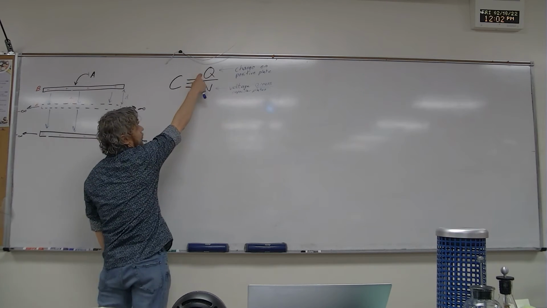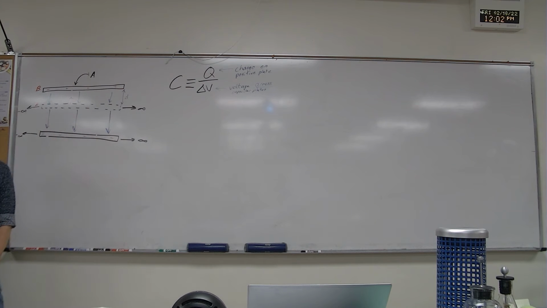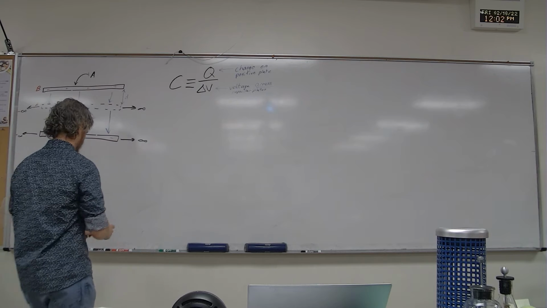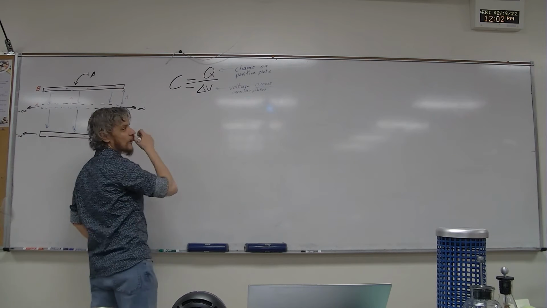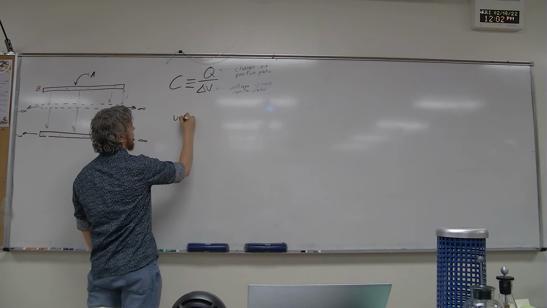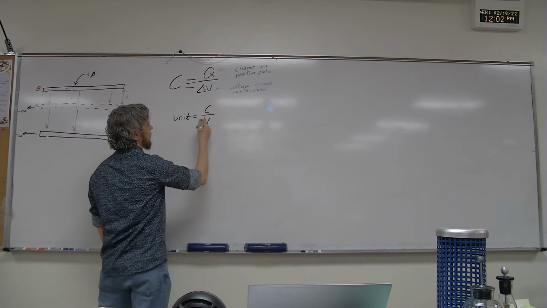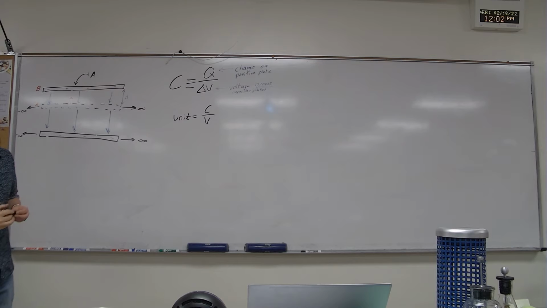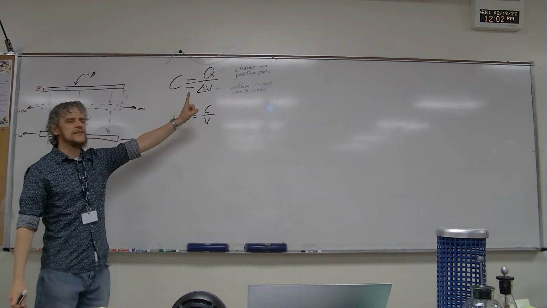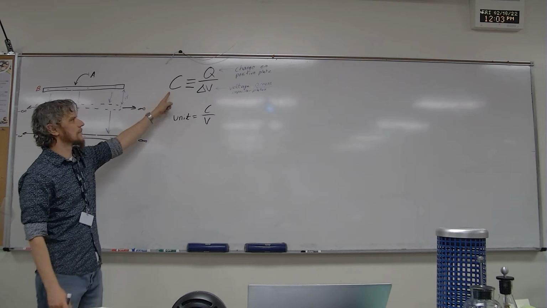Charge per volt, or coulombs per volt, is the unit of capacitance. It's hard to interpret this unit. Unit is coulombs per volt, which means if I increase the voltage, what happens to the capacitance?